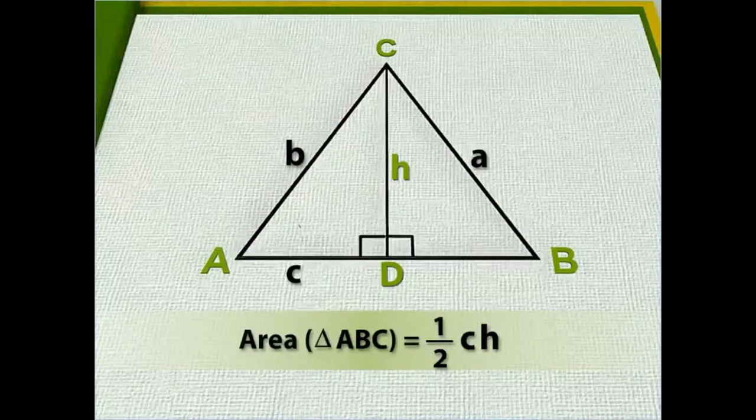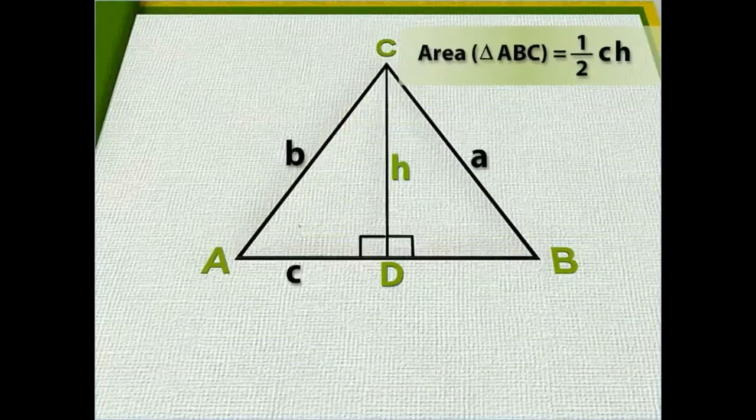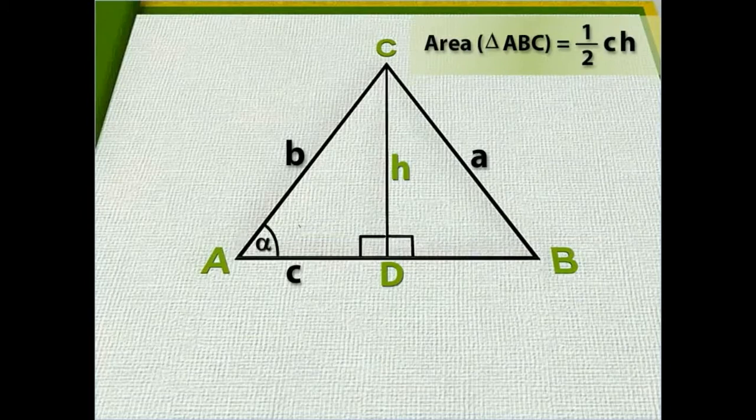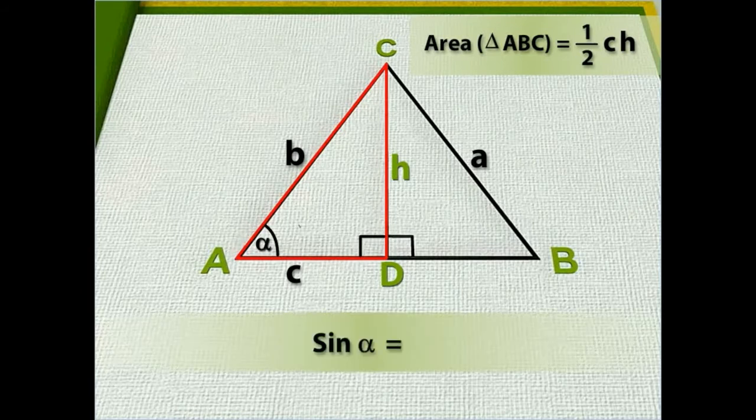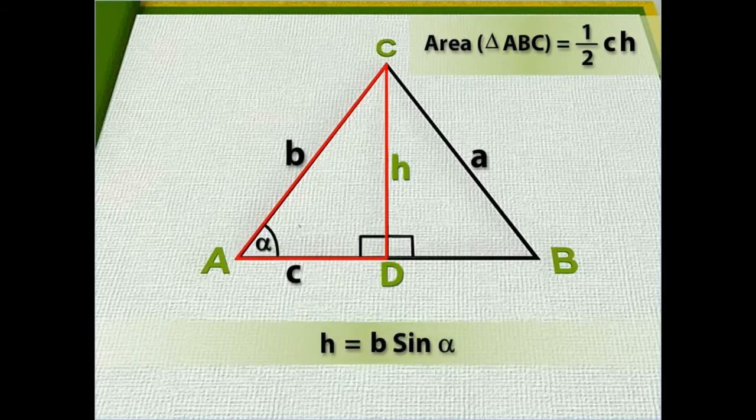Let us assume that one of the base angles of the triangle is alpha. In triangle ACD, the trigonometric ratio sine alpha is equal to H upon B. This implies that H is equal to B sine alpha.